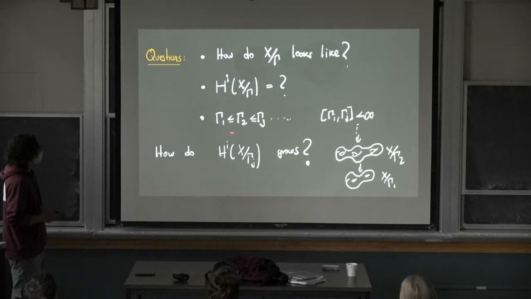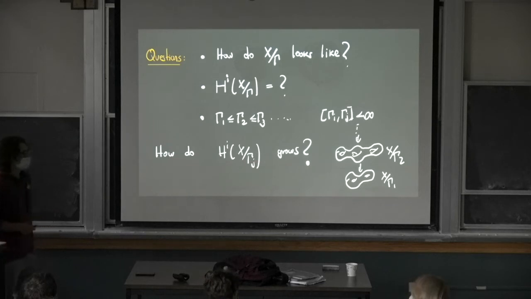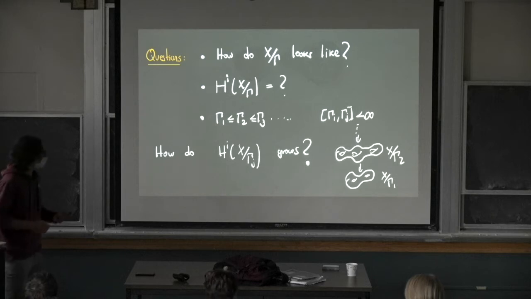You have a lattice, and then you look at subgroups of the lattice that have finite index. This corresponds to taking finite covers of the manifold, and then trying to understand the growth of the homology. This type of question is connected to very deep things in number theory that, for example, Frank Calegari or Emerton could tell you a lot more about than I can. There's very deep mathematics there.